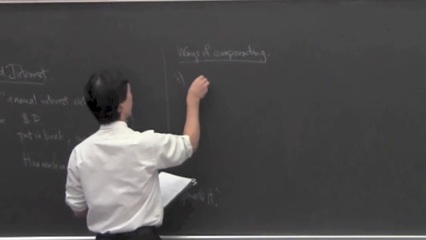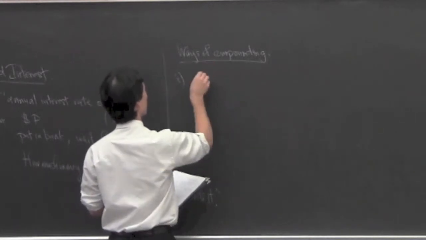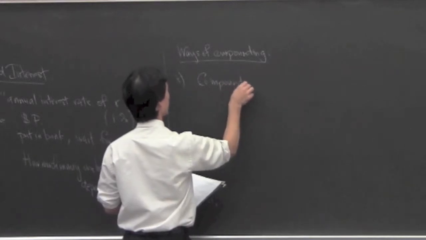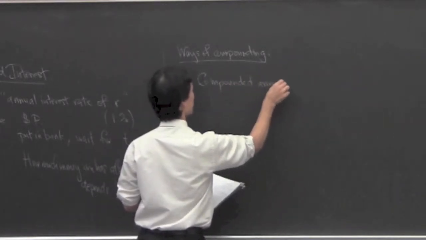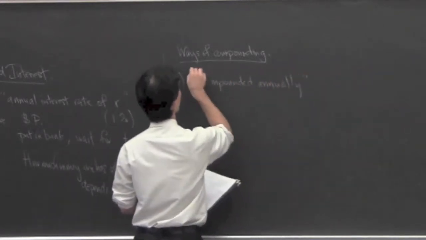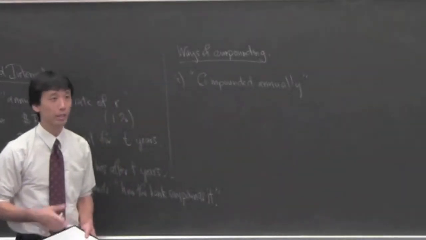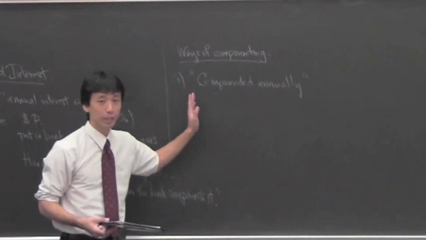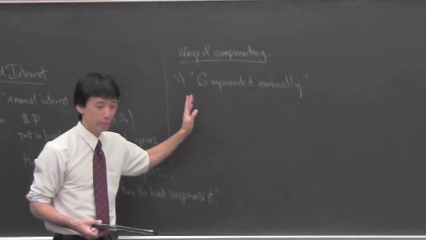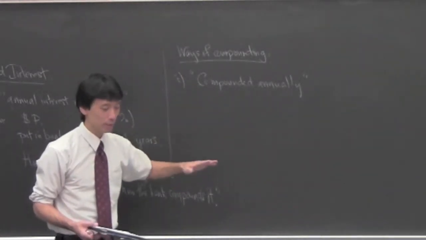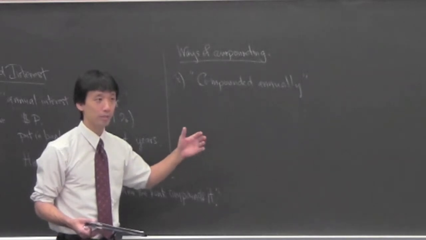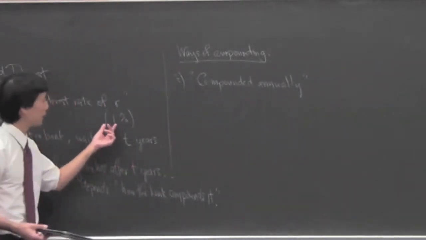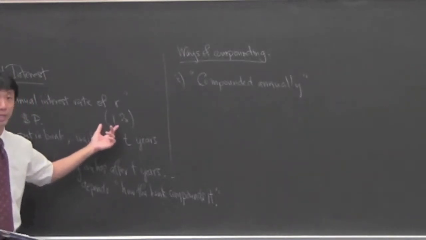Okay, you could do something called annual compounding. Say that the interest is compounded annually, and what this means is that every year you take your money, and then after 1 year passes, the money is multiplied by, in this case, 101%.